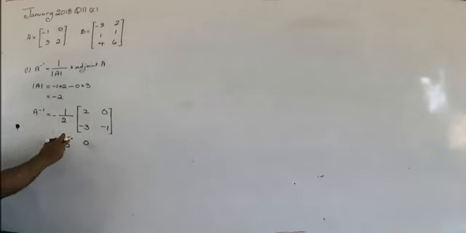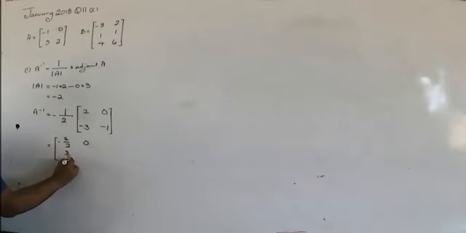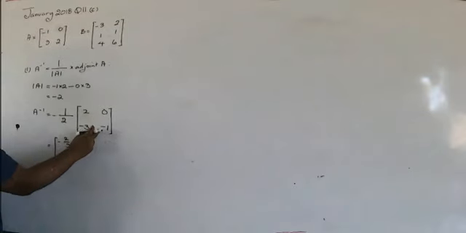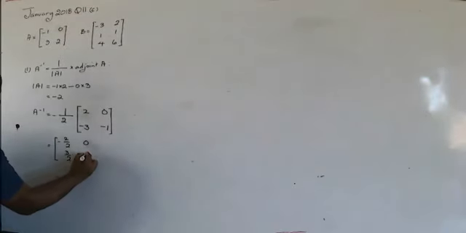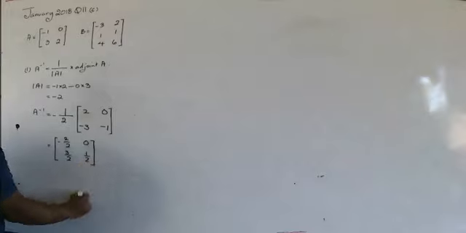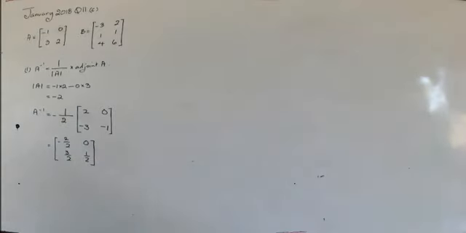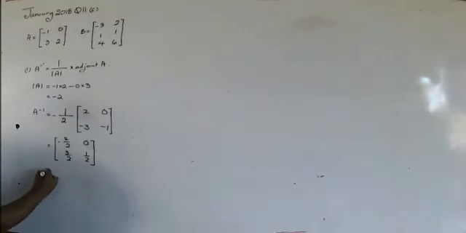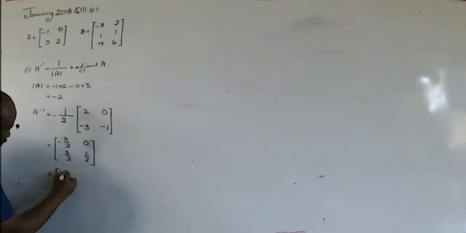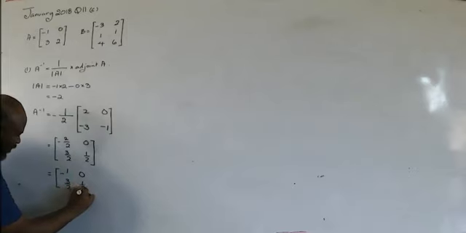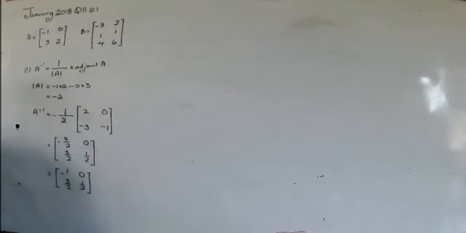A negative times a negative is a positive, 3 over 2. A negative times a negative is a positive, 1 over 2. Multiplying by a half is the same as dividing by 2. This is minus 1, 3 over 2, 0 and a half. This is A inverse.